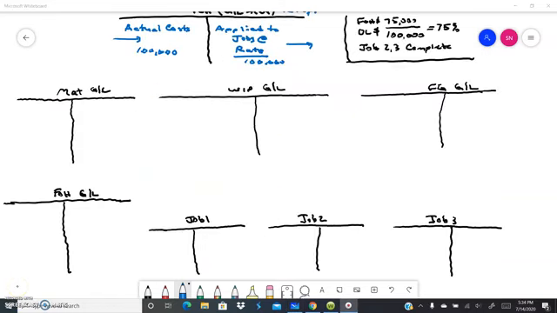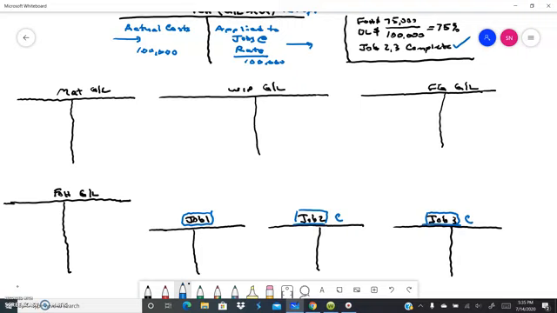Okay, so let's say we have the following example. We have 3 jobs: job 1, job 2, and job 3. During the period, job 2 and job 3 are complete. So this is done, and this is done. Job 1 is not completed.